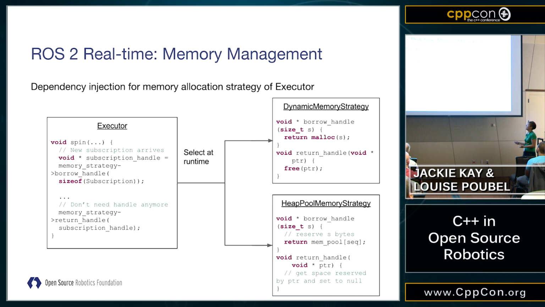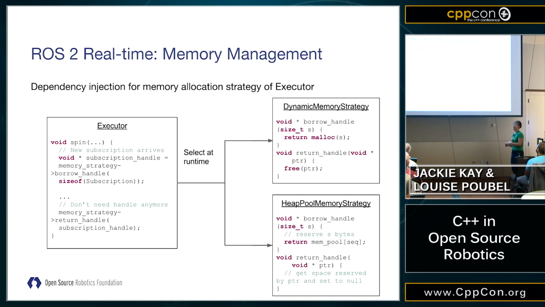So I prototyped this architecture, basically, where we have different kinds of memory strategies, and you pass that to the constructor of the executor. So by default, when we need to create a handle to this representation of the object in RCL CPP after we wait, we just call new and delete.